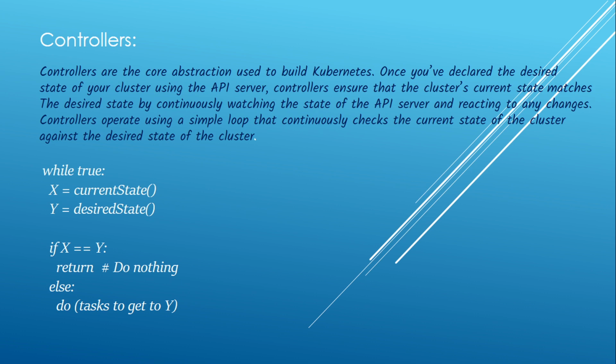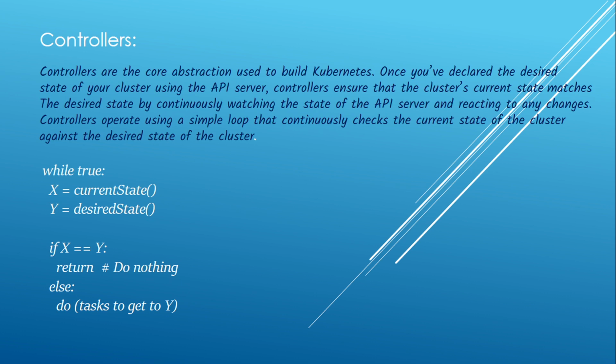As soon as we deploy the manifest to the API server, the controller continuously watches the state of the API server. As soon as we deploy this manifest file through the API call, it maintains that state till the end.